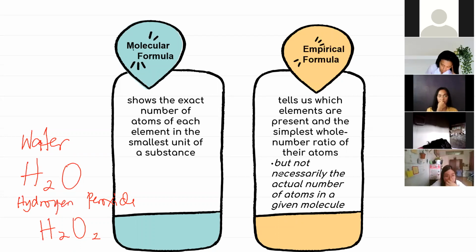That is the molecular formula. But what we call the empirical formula, like in math class, is reduced to the lowest form. In your math, sometimes, for example with fractions, you are asked to reduce to lowest form. That is the empirical formula. So the empirical formula will not really give you the exact number of atoms, because it is the simplest form.